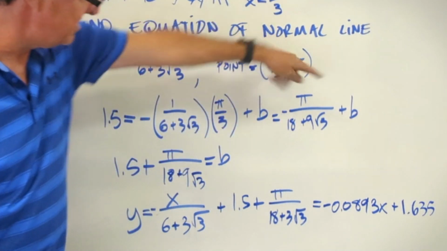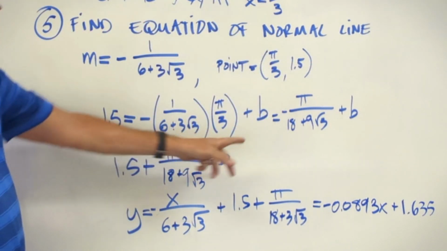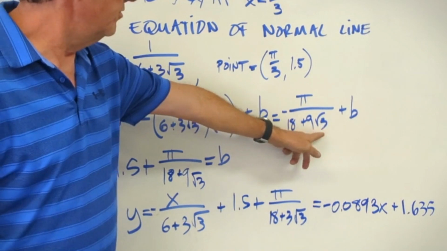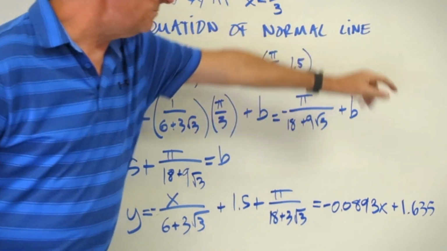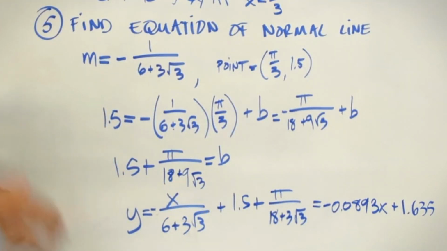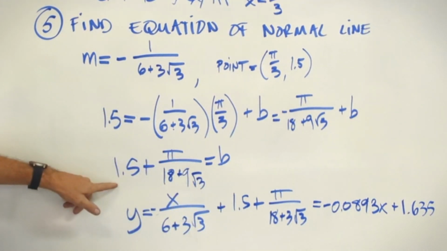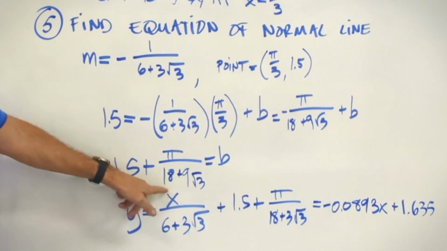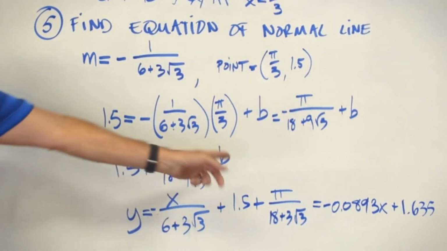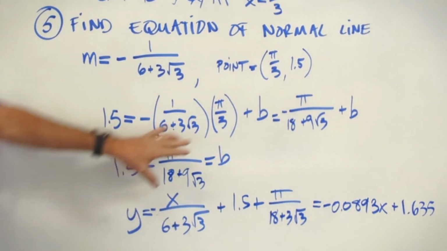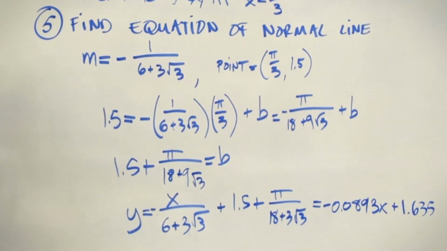I brought my pi over on top. I multiplied the terms on the bottom by 3, and I get 18 plus 9 root 3. So it's pi over that plus b. That's what 1.5 equals. Rearranging that, I get b equals 1.5 plus pi over 18 plus 9 root 3. So that's my b. Whew, that's kind of a mouthful there, but we can do that.